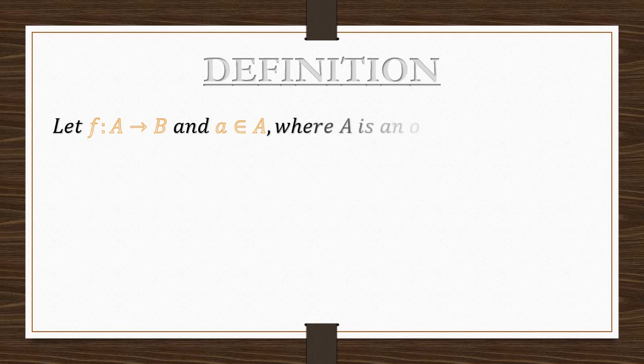To define differentiation in theoretical terms: let f be a function from A to B and a belong to A, where A is an open interval of R, that is the real values.